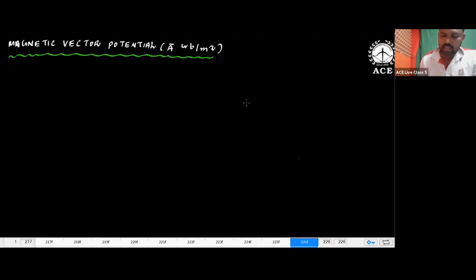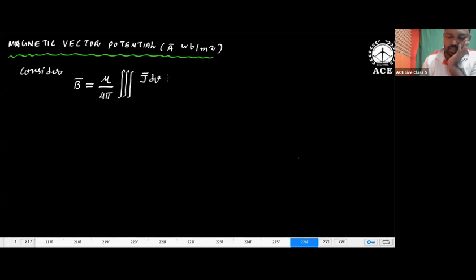Yes. Now let us consider the expression for the magnetic field, beta. What is the expression for the magnetic field? B is equal to mu by 4 pi into volume integral of J dV cross R cap by R magnitude square. How can that unit vector be written, beta?